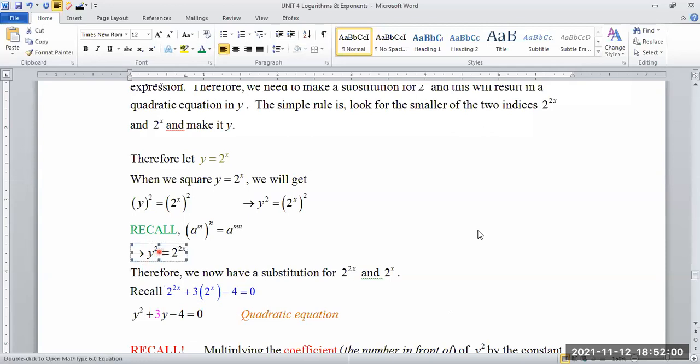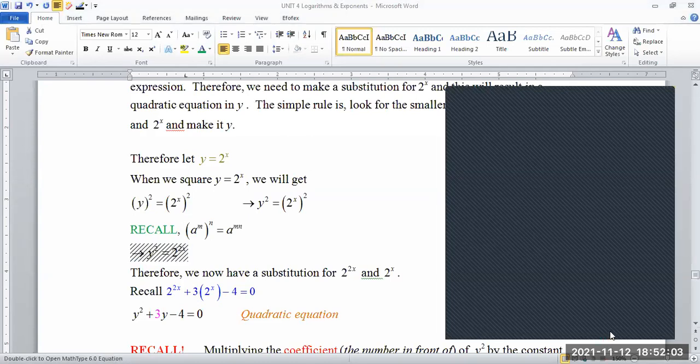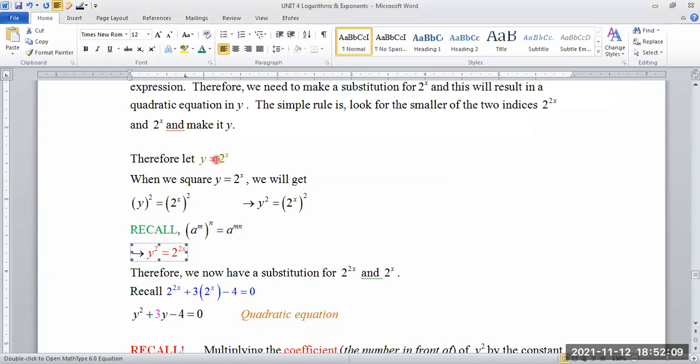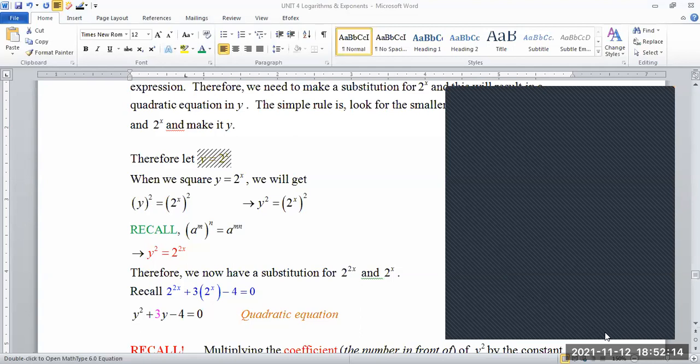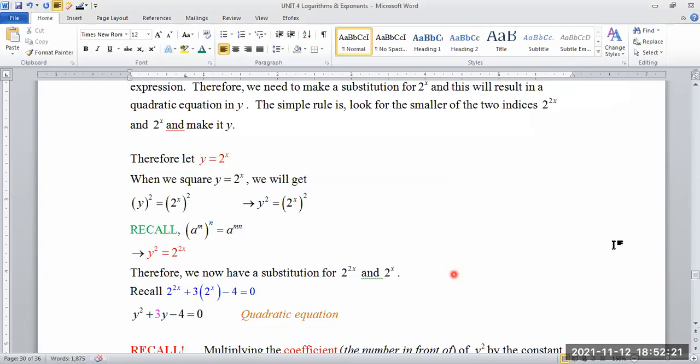I think I should put this in red so it pops out. So y is equal to 2 to the x, and y squared is equal to 2 to the 2x. When I see 2 to the 2x, I'm going to put y squared, and when I see 2 to the x, I'm going to put y.